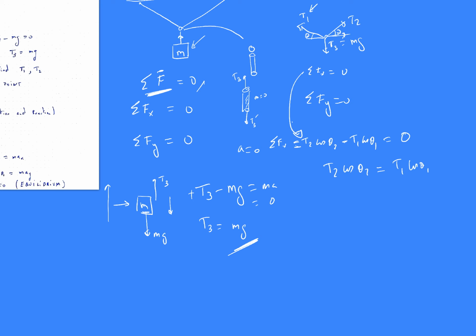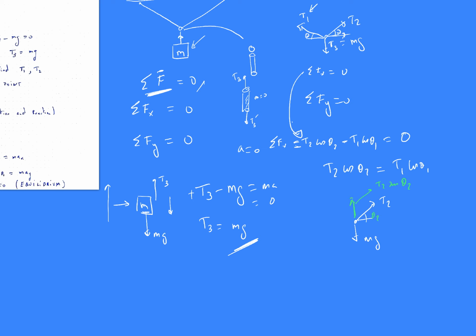In the y direction, on the point, I see T3, which has the value mg, going downwards. I see T2, and the y component of T2 is this one, T2 sine of theta 2.